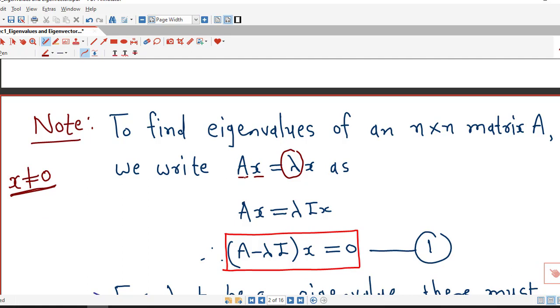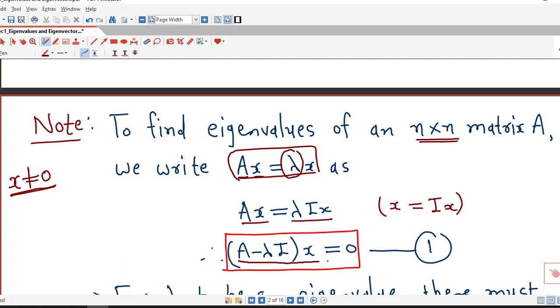So we are interested in non-zero vectors x such that this equation is satisfied. Now this x can be rewritten as I into x, where I is an identity matrix of order n if the given matrix is of order n. So we replace x by I into x, and if we take lambda I x on this side and take x common, we obtain (A minus lambda I) x equal to 0.